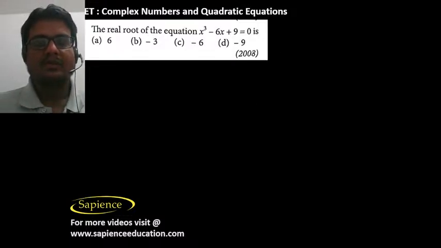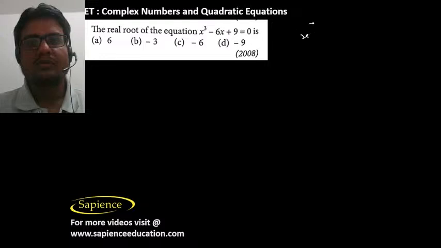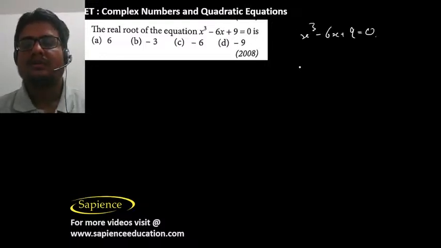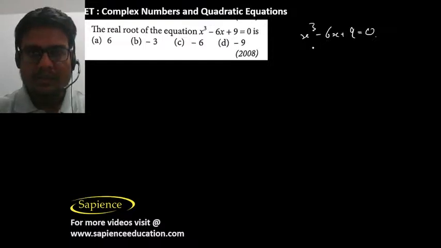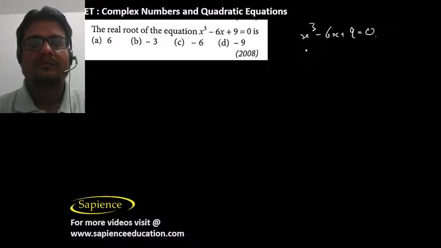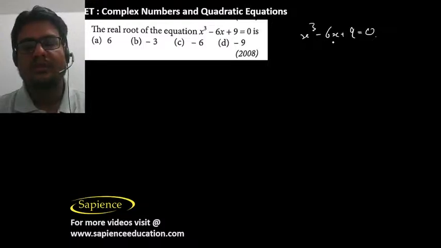So now we have to find the real root of the equation x cube minus 6x plus 9 equal to 0. Now here we can see the real root of x cube minus 6x plus 9 equal to 0.